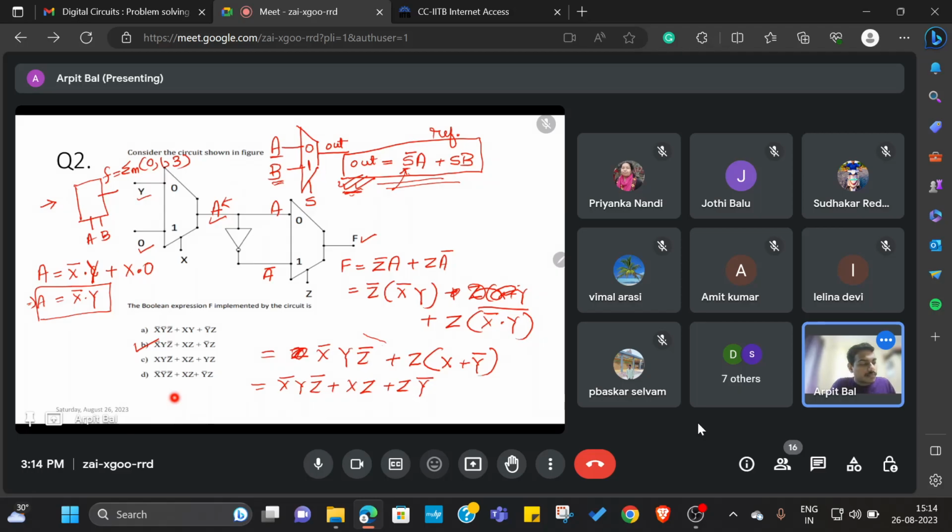Try to implement this function using multiplexers. You can take this as a short exercise. Using whatever problems we are solving in this session, you should be able to solve this. If you are unable to solve this, just let me know through the forum. You have to use only muxes, and inverters can be used if you want to.